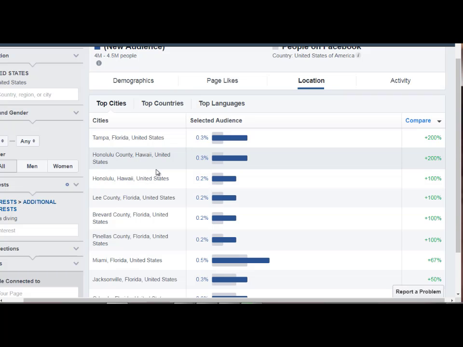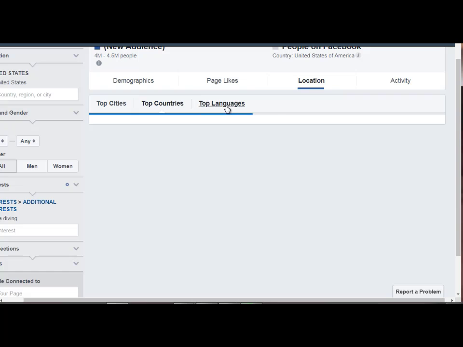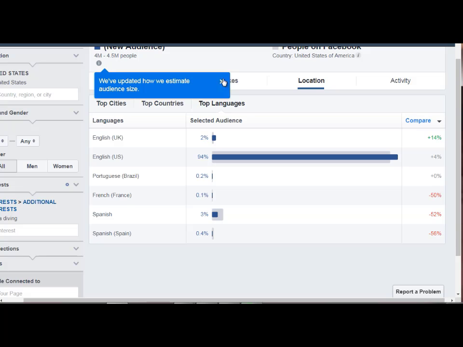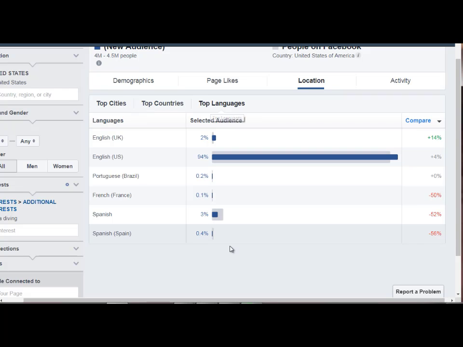A lot of Florida and Hawaii here, which makes sense because Hawaii and Florida both have a lot of beaches and places to scuba dive. And then we have top countries and top languages. So we got English. Bear in mind that because we are targeting the United States, it's really only showing cities, countries, and languages within the United States. Now, if I were to make this worldwide, this would broaden our spectrum.